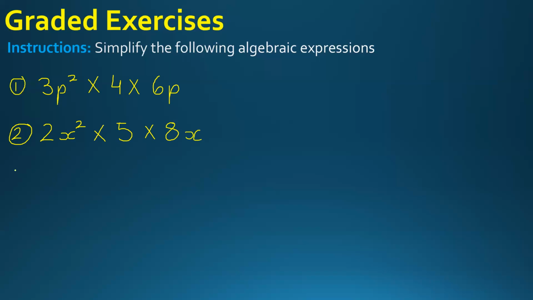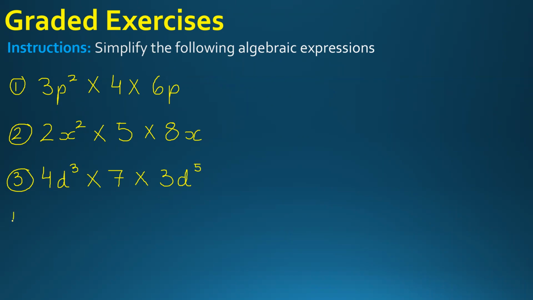Number 3, we have 4d to the third power multiplied by 7 multiplied by 3d to the power of 5.